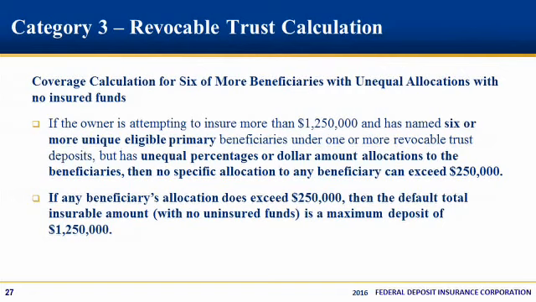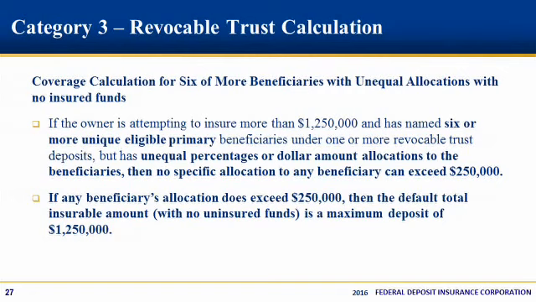As a reminder, for 6 or more beneficiaries with an equal share, to determine deposit insurance coverage, we use the formula of multiplying the number of owners by the number of beneficiaries and multiply it by $250,000.